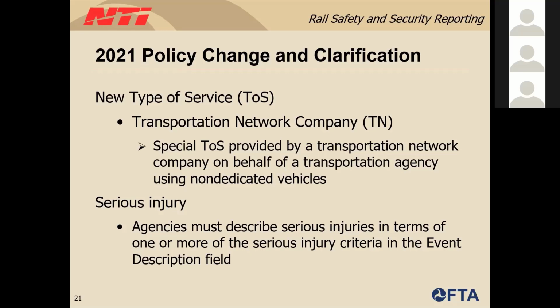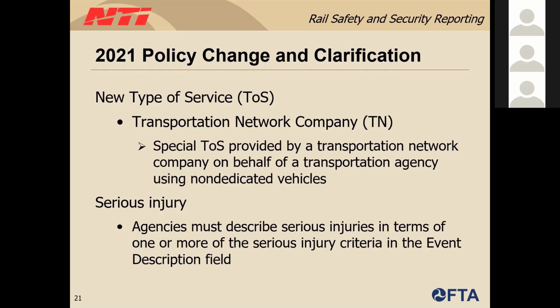There is one clarification made for 2021. When an agency reports a serious injury, the event description must include an explanation of the nature of the injury to confirm the serious status. Ideally, this would include keywords from the reporting criteria, such as the person suffered a broken leg or third-degree burns, or whatever the case may be.